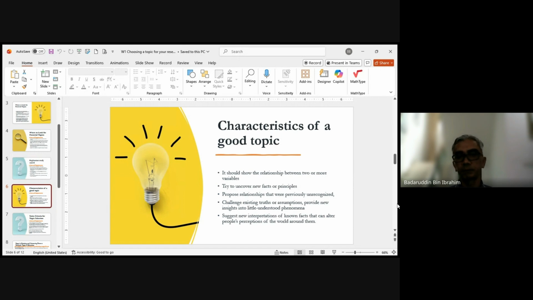It's good research. And then suggest new interpretation of known facts that can alter people's perception of the world around them. As I mentioned, it's very subjective, but this is just a guide that you might want to look back on when you think about the topic.